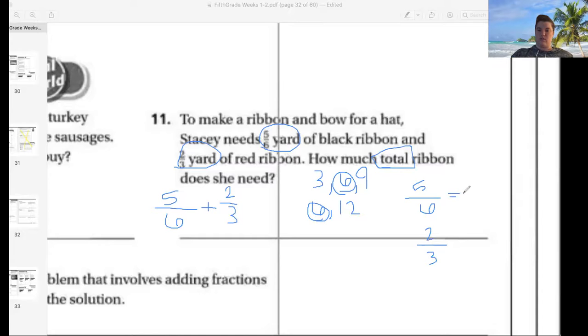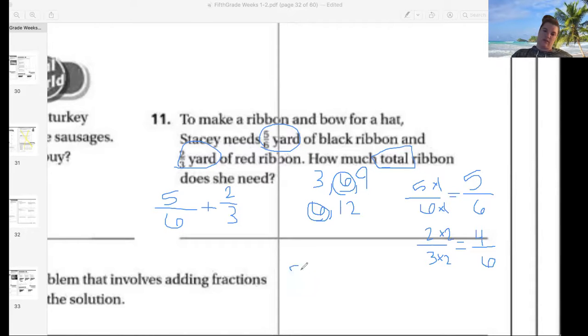The new denominator needs to be 6 for both. And then 6, to get 6 is times 1. So I have to do 5 also times 1, which gives me 5. And then 3 to get to 6 would be times 2. So same thing up here, and 2 times 2 would give me 4.